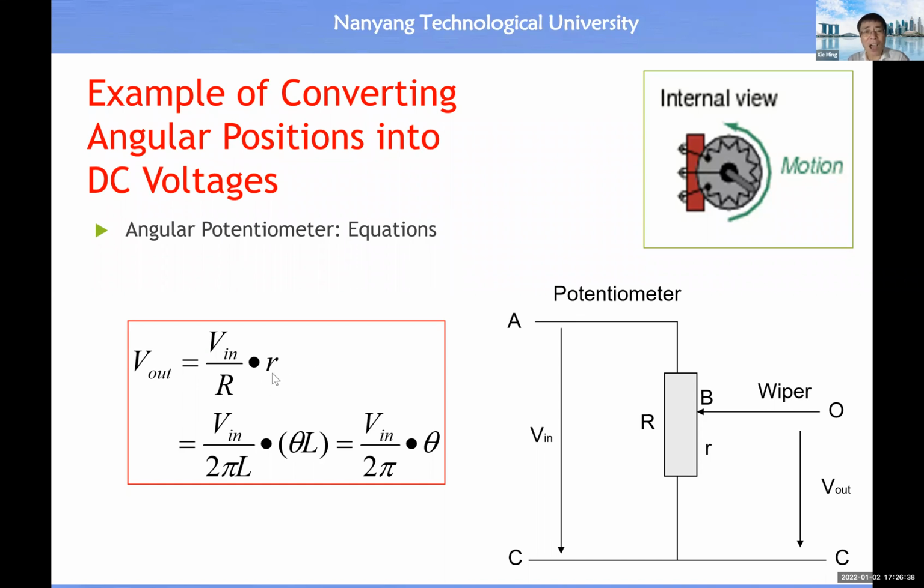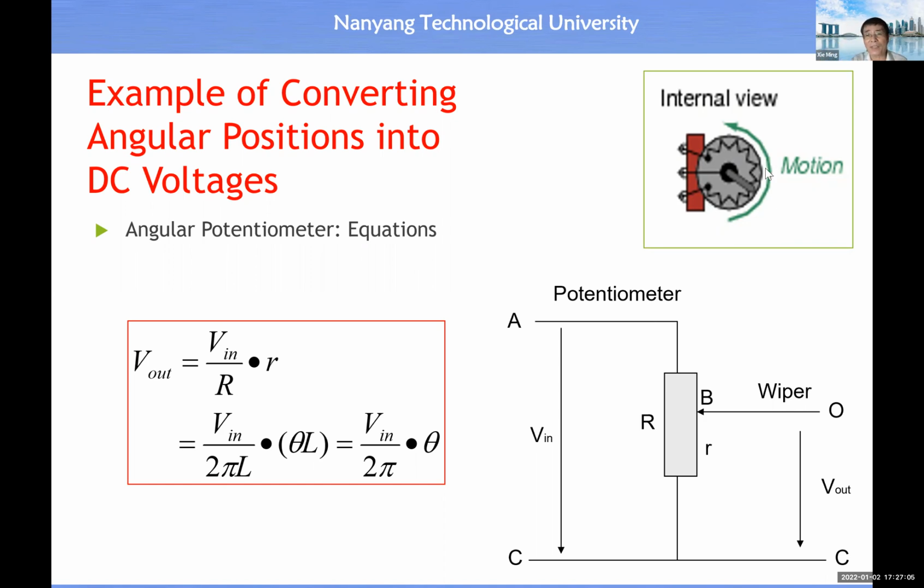Then the output should be equal to the current times the variable resistance R. That means the ratio between output and input should be equal to the ratio between the angular position of the wiper divided by the total angular position of this circular resistor.